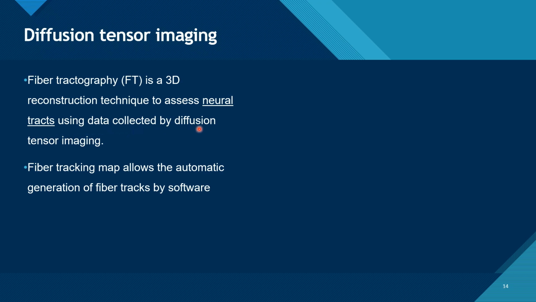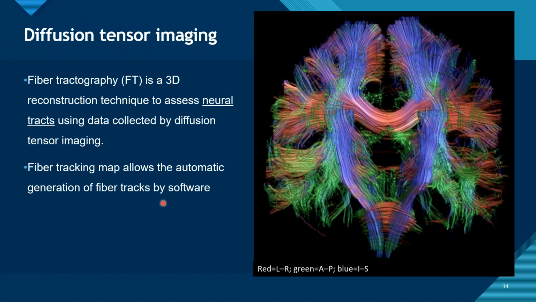So this data collection can be done from the diffusion tensor images. However, fiber tracking is done in a 3D fashion using automatic fiber track software to actually plot this direction and these nerve fibers, but in a 3-dimensional manner. And here the red represents the left to right direction, the green fibers represent the anteroposterior direction, and the blue fibers represent the inferior to superior or caudocranial direction.